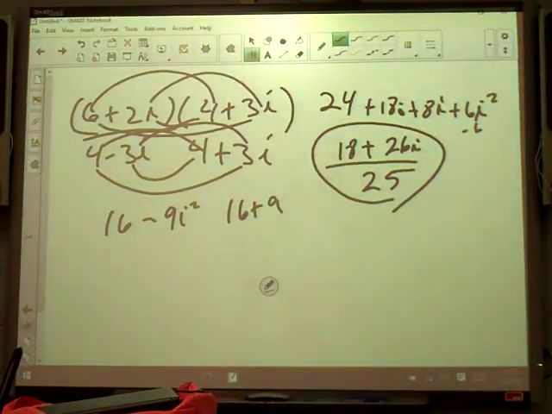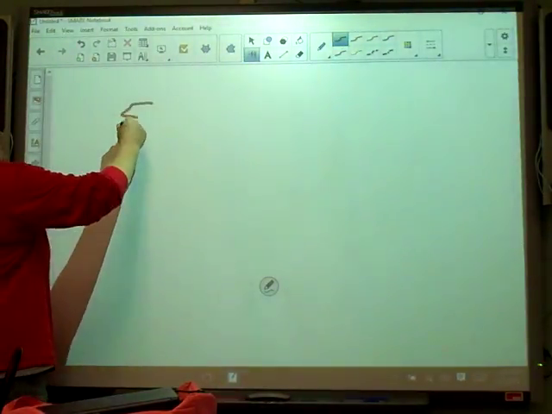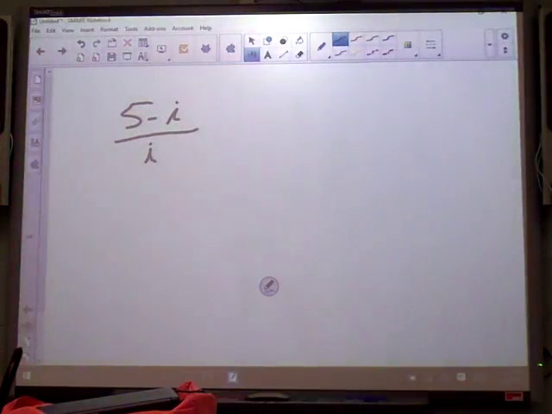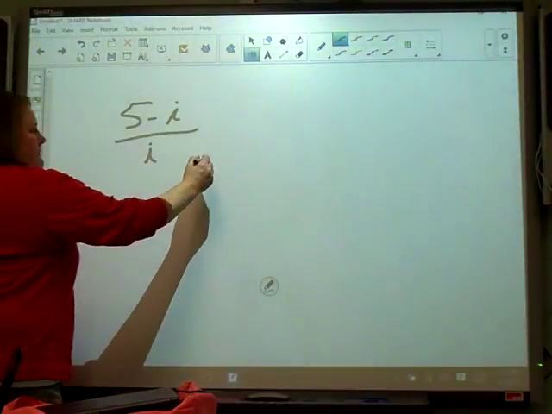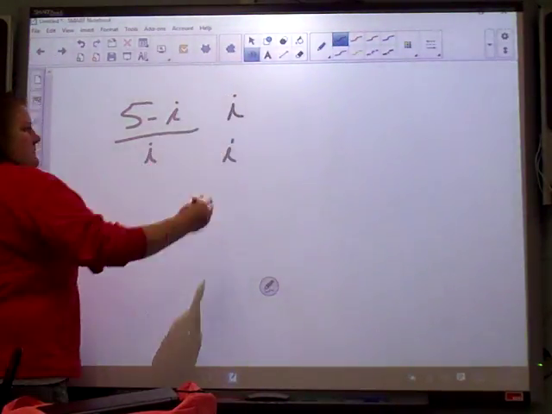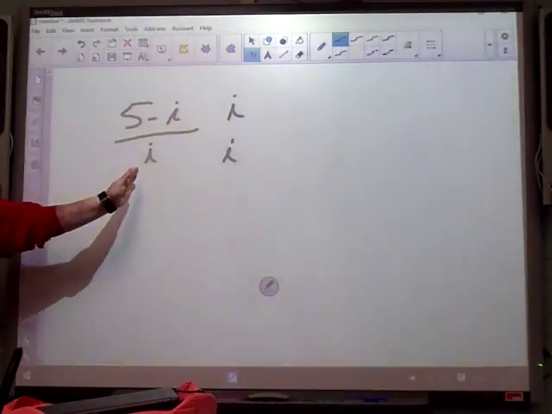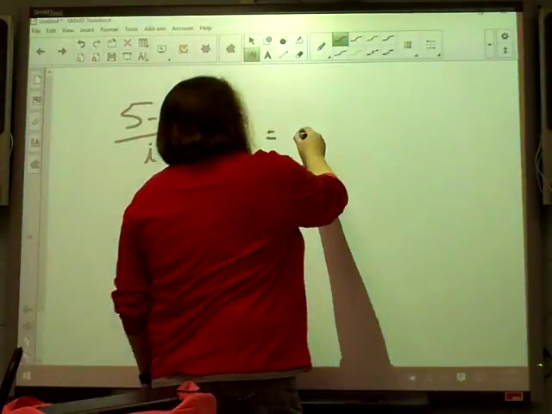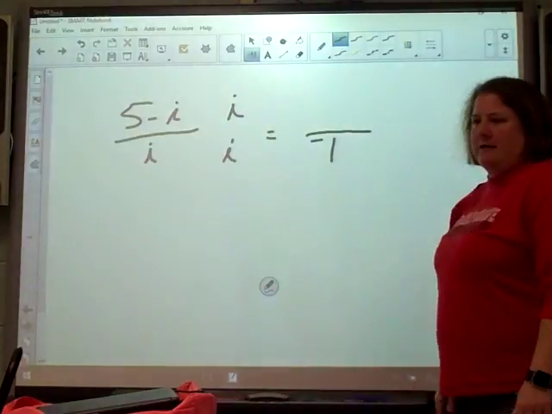So if I got 5 minus i divided by i, what could I multiply this by to get rid of the i on bottom? And I just told you. Yes. Multiply top and bottom by i. Because on the bottom, i times i is i squared, which is negative 1. So we got rid of that i on bottom.